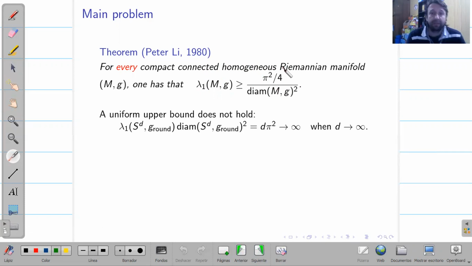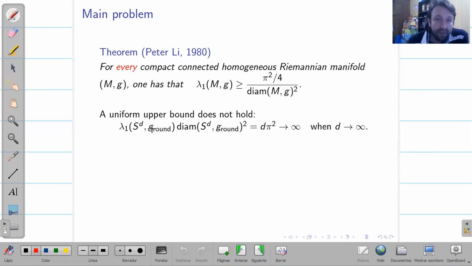And it is easy to see that the upper bound does not hold the analogous, the reverse inequality here, because this time this is not bounded from above. Why is that?